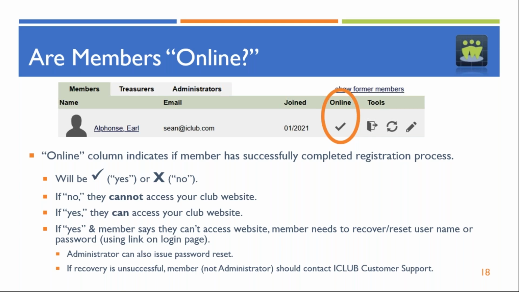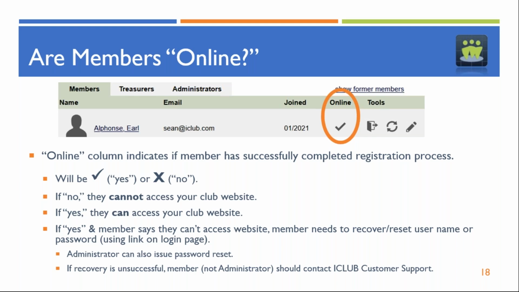If it's showing a check mark that says yes, they do have a username and password, then they can reset their username or password, or the administrator can also issue a password reset. And if neither of those work, then the member should contact our support team.